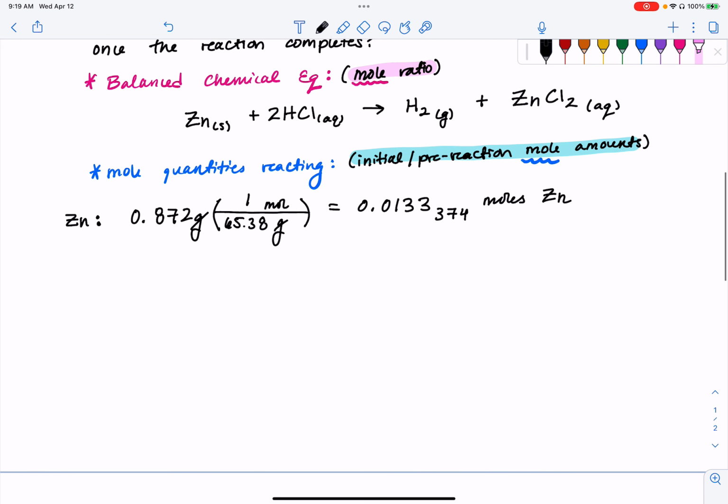All right, so this is our initial moles of zinc that we have available to react. Let's do our hydrochloric acid.